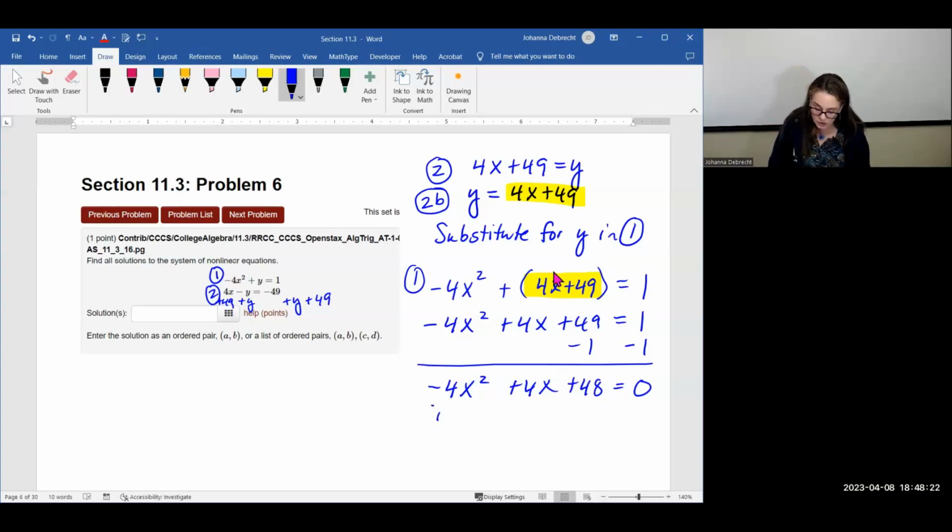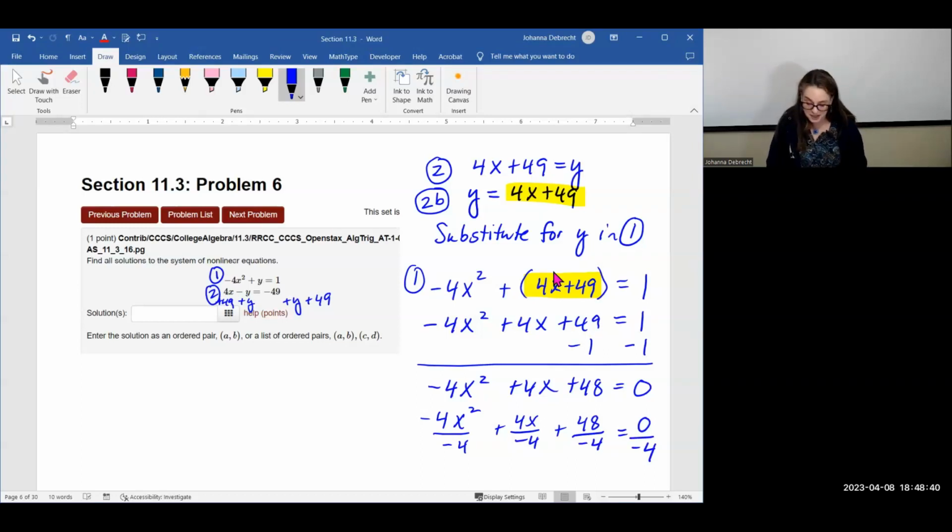So then I'm going to divide each term by negative 4. And obviously, if I were solving this for myself, I would use fewer steps, but I don't want to lose anyone, so I'm writing it out longhand. This gives me x squared minus x minus 12 equals 0.